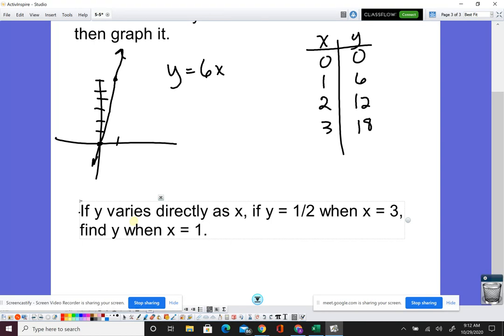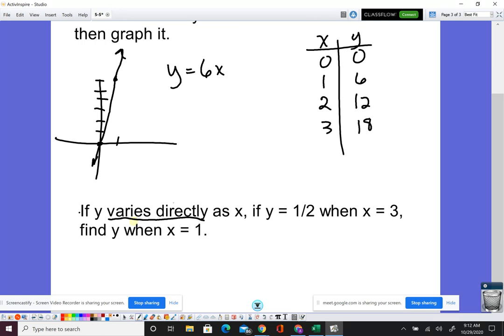So now I'm going to get out of my text so I don't retype over things. So varies directly tells us that we have a y-intercept of 0 and just y equals our constant of variation times x.